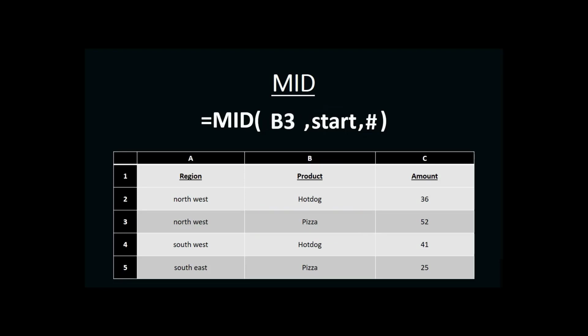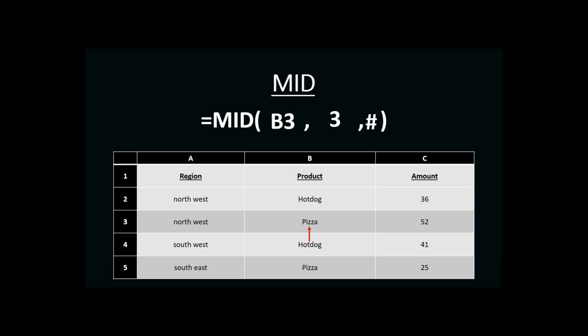Then we need to tell Excel where to start looking. We want to start looking at the first Z in the word pizza. So we would tell it to start with character number 3, since the Z is the third character from the left of our text in cell B3. And that way, we skip the P and the I.